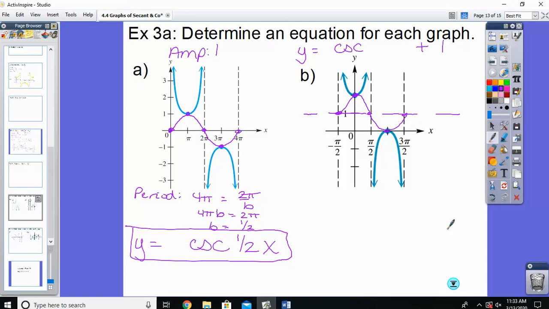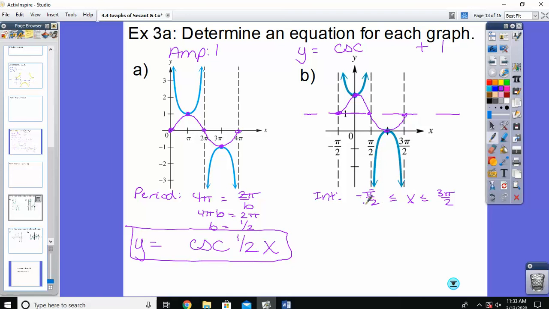So if our graph has been moved left or right, let's look at that interval. This graph started at negative pi over 2 and ended at 3 pi over 2. A normal one would start at 0 and end at 2 pi. So I am going to work backwards from this to get back to 0 to 2 pi.